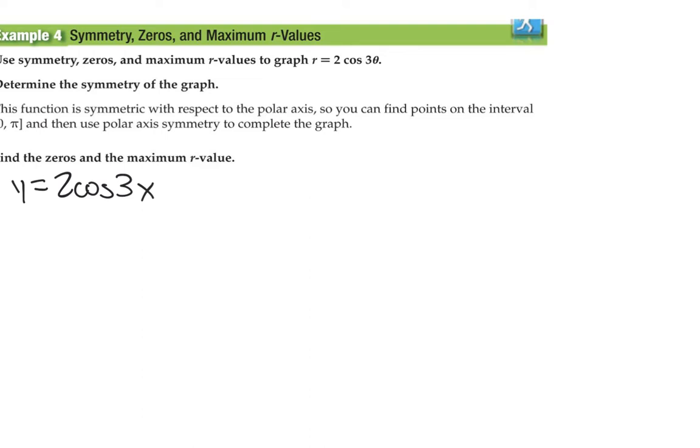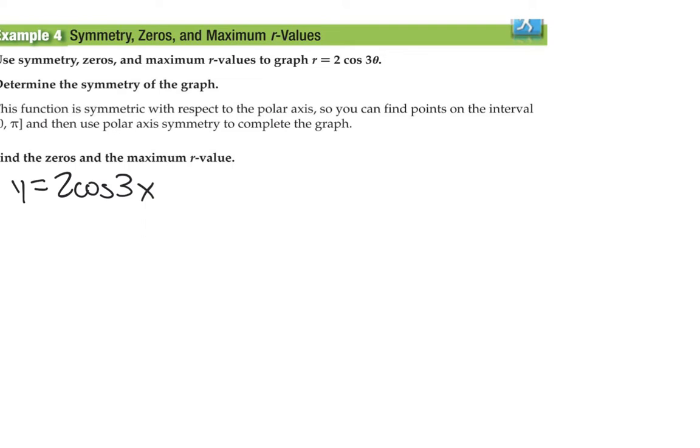That would be the regular xy trig graph, so that we can determine those maximums and minimums between 0 and pi.